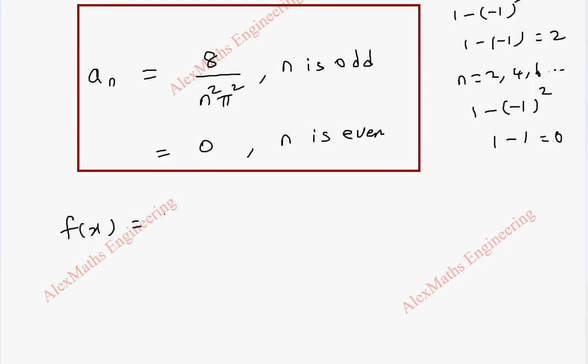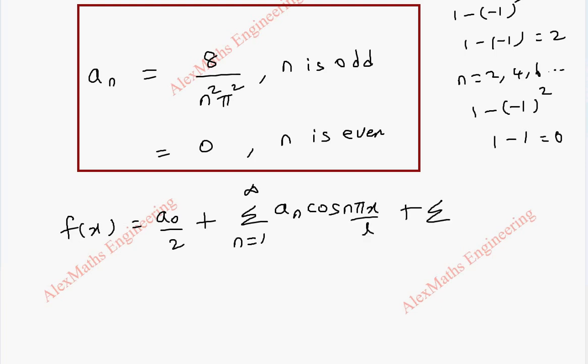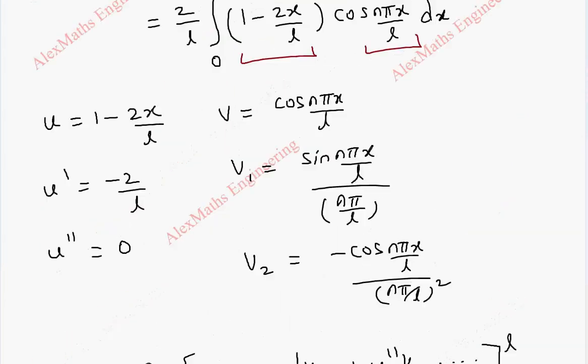f of x is a0 by 2 plus summation n is equal to 1 till infinity an cos n pi x by L plus summation n is equal to 1 to infinity bn sin n pi x by L. Anyway, bn is 0. Now a0 is also 0 here.